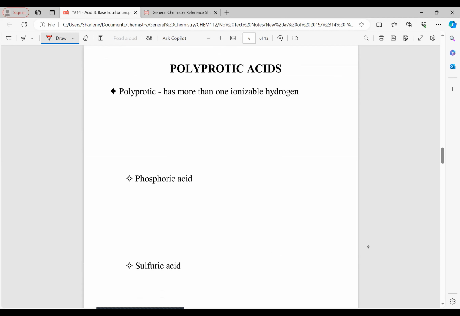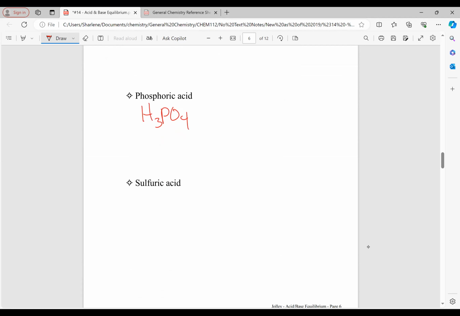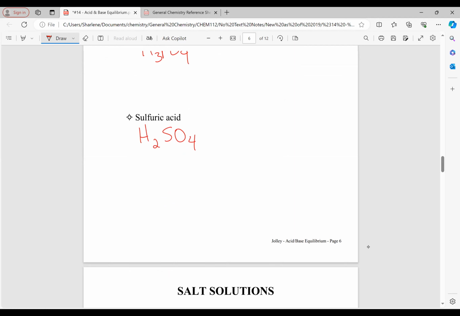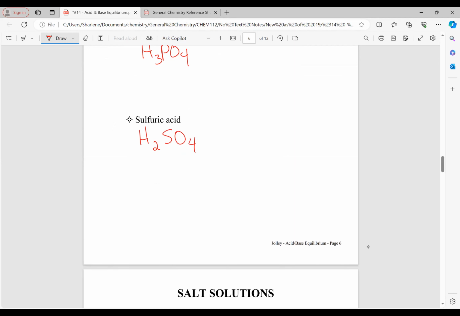Okay, so our polyprotic acids. It has more than one ionizable proton. So phosphoric acid would have Ka1, 2, and 3. Sulfuric acid, Ka1 and Ka2. Now, sulfuric technically is a strong acid, but the second proton coming off is not strong.